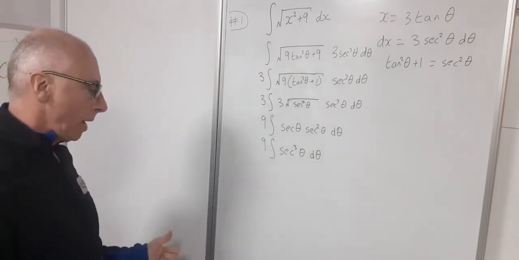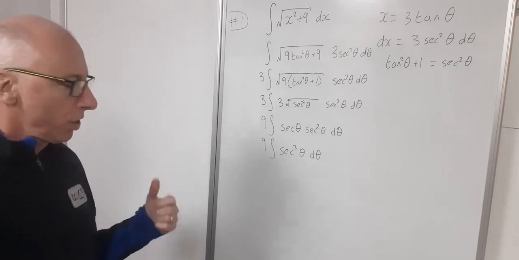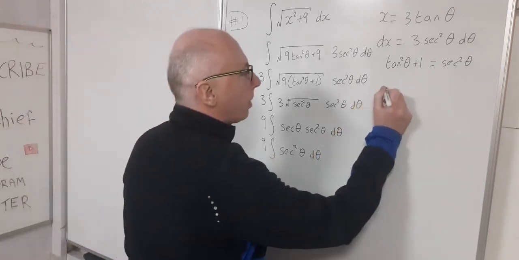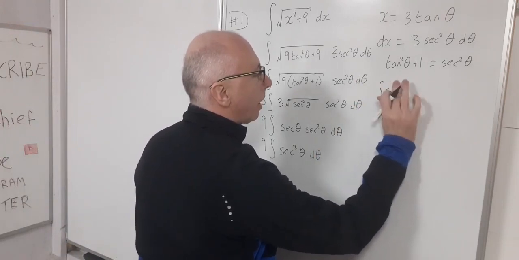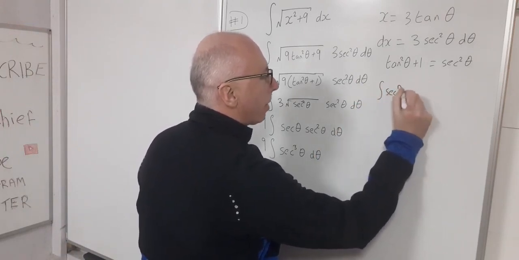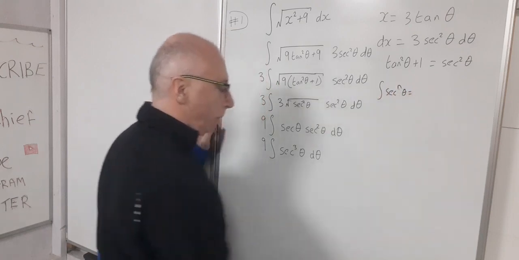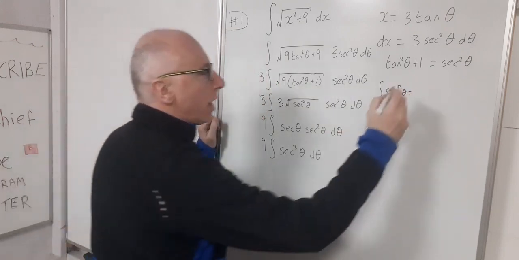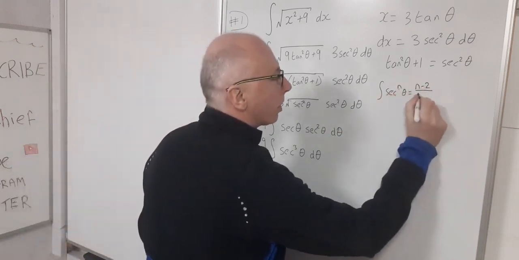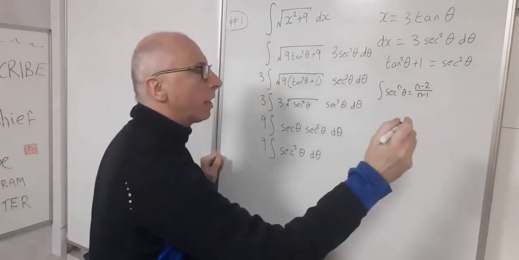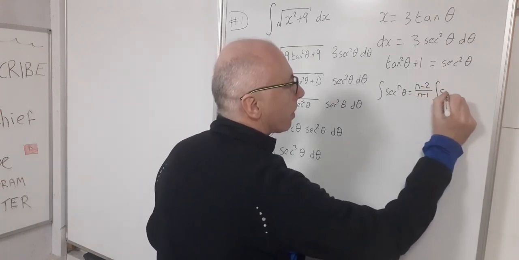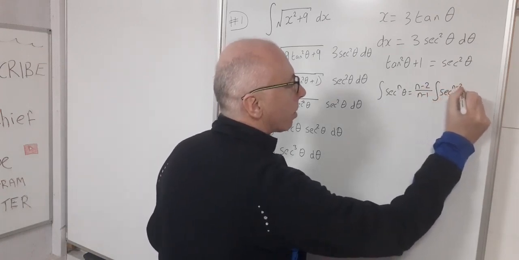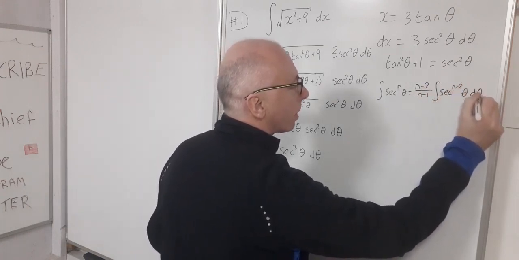Okay, now my power reduction formula for secant. Well, the integral of secant to the power of n theta, that just becomes n minus 2 over n minus 1, and then that is the integral of secant to the n minus 2 theta d theta.